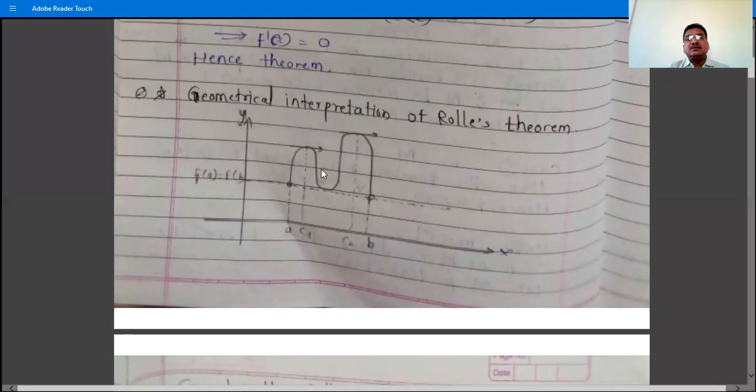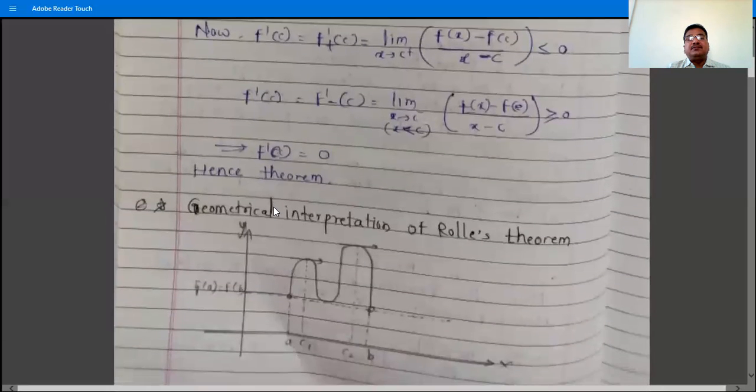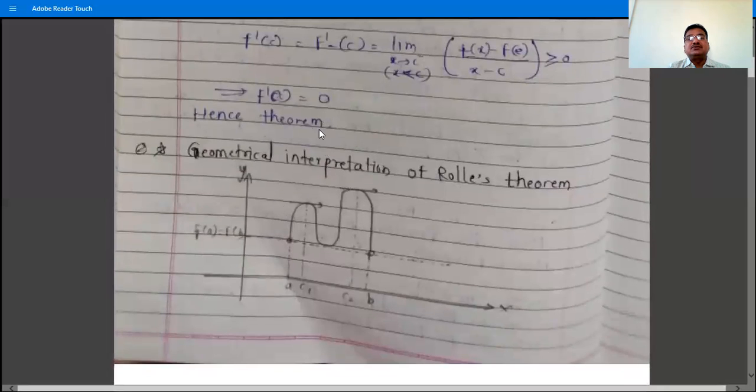When the slope of a line is 0, the line is parallel to the x-axis. So what is the meaning of f dash c? F dash c means the slope of the tangent to the function at point c, and it is equal to 0, which means it is parallel to the x-axis.